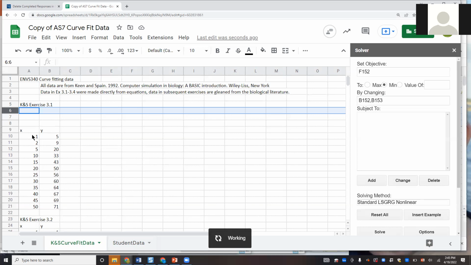Hyperbolic saturation would be a reasonable thing to think of there, because eventually nitrogen's not going to be limiting, and adding more nitrogen is not going to add more plant growth. So I'm saying, let's imagine that's where these data are from. And what that means is we want to use a hyperbolic saturation model. So let's go ahead and put the equation for hyperbolic saturation in here.